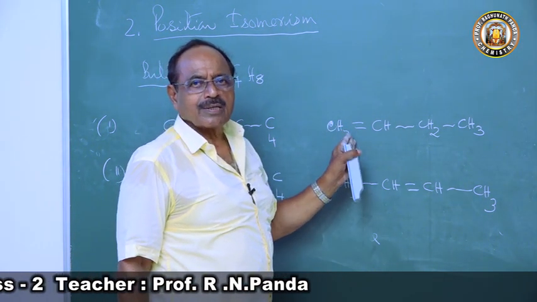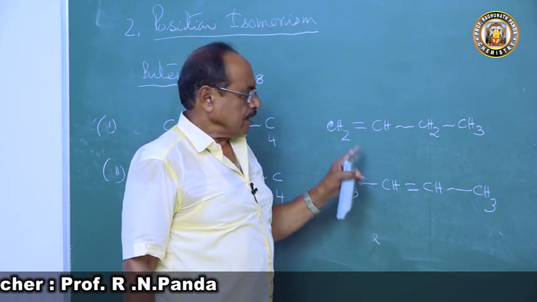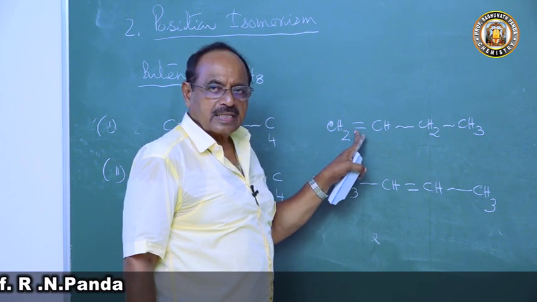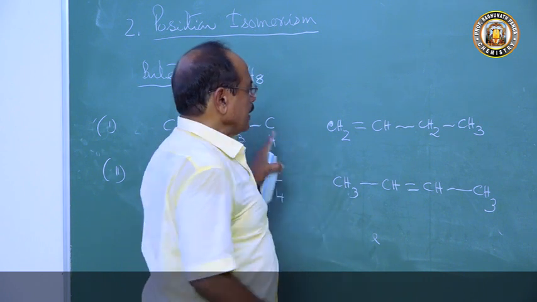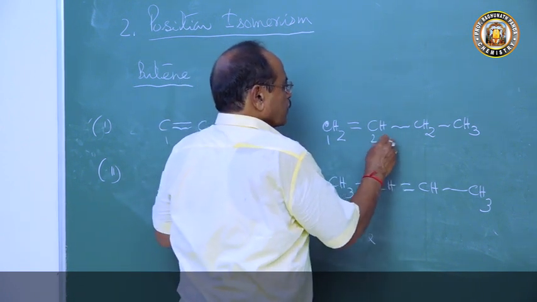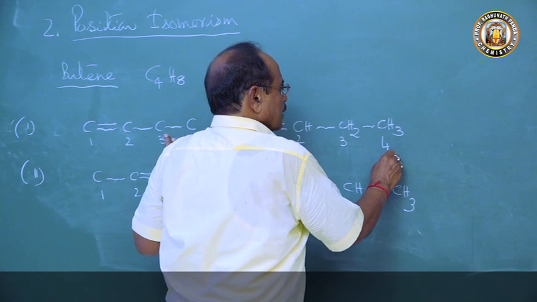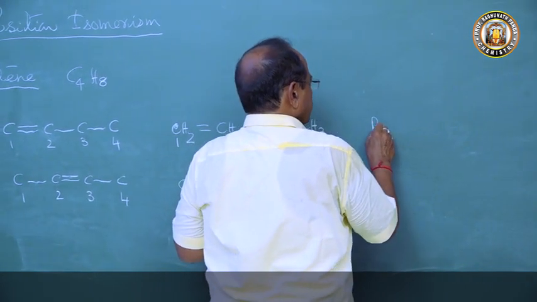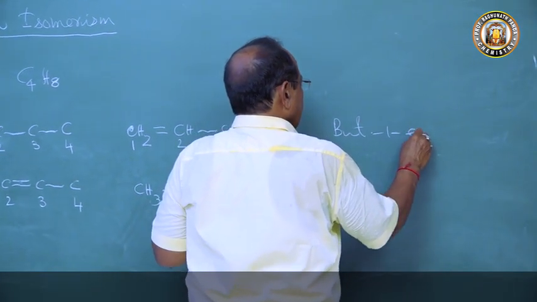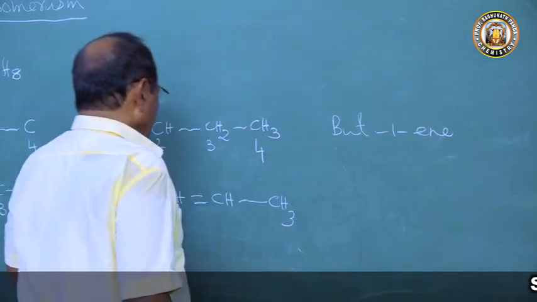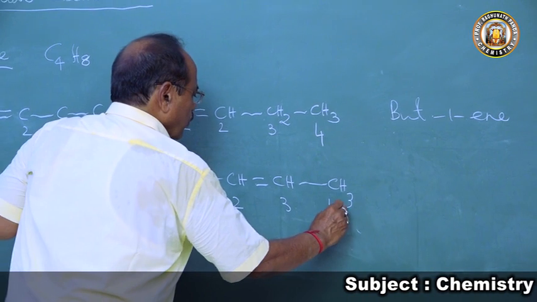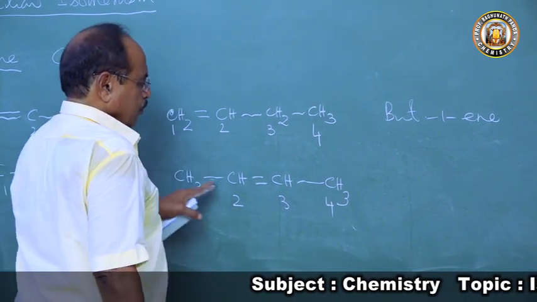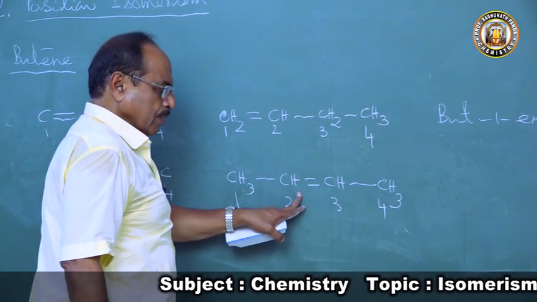So they have the same molecular formula but different structure due to different position of the double bond on the carbon-carbon chain. So here if you number them 1, 2, 3, 4, it is but-1-ene. And if I write this 1, 2, 3, 4, then 4 carbon atoms are there, a derivative of butane.